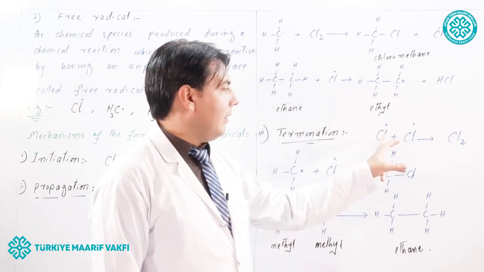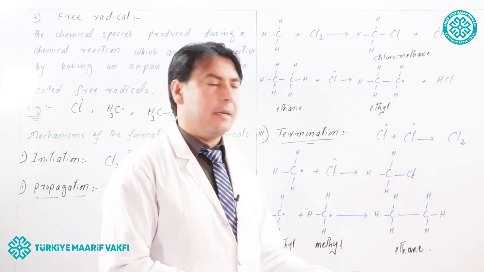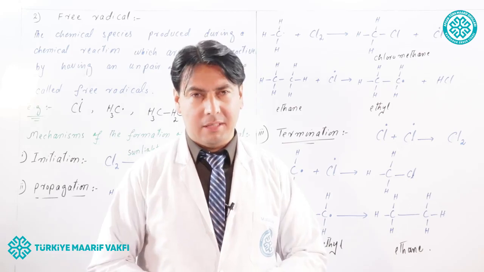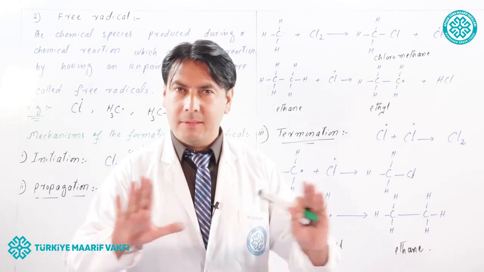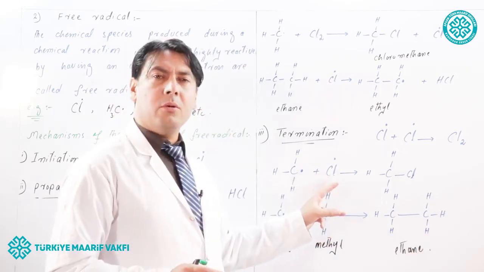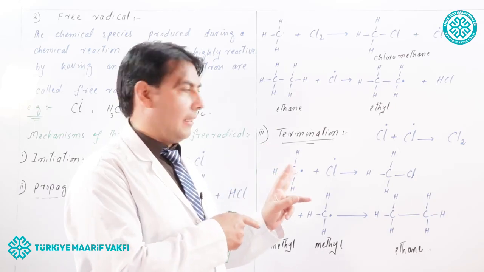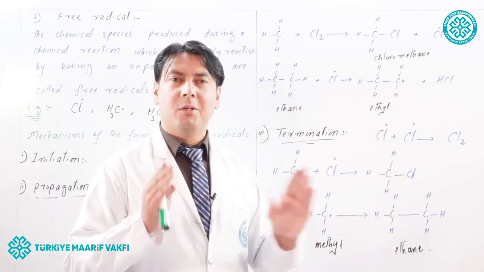One chlorine free radical can combine with another chlorine free radical and form a stable chlorine molecule. So this is termination of the free radical. Or one chlorine free radical can combine with a methyl free radical and form chloromethane.